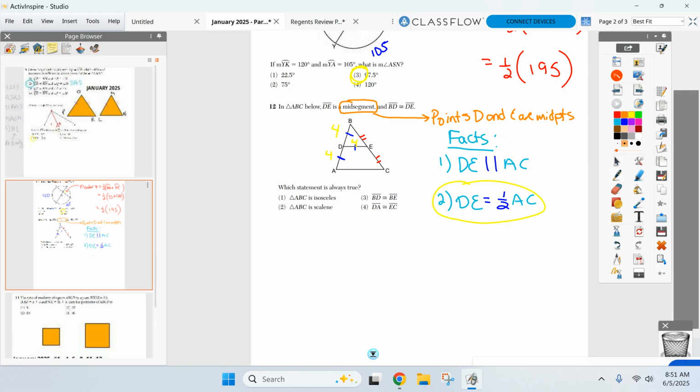How long is AC? Can you answer this question? What type of triangle is ABC? I got AB is 8, AC is 8. That makes it isosceles. Yep. Throw some values down if you're ever in doubt.